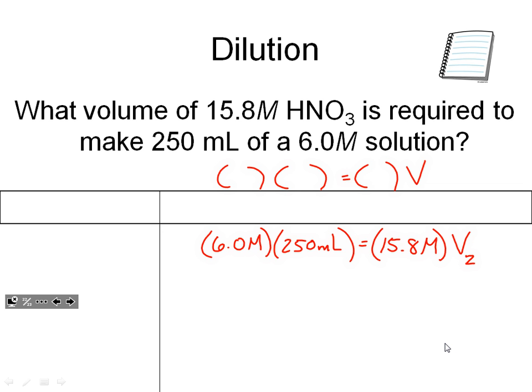If it is in milliliters, it's okay to keep it in milliliters. Well, but molarity is in liters. That is true, but all the units cancel out, or whatever's left is whatever's left in a relationship such as this.